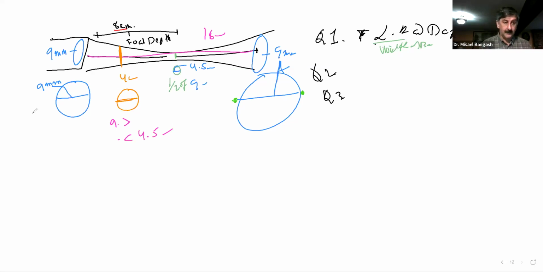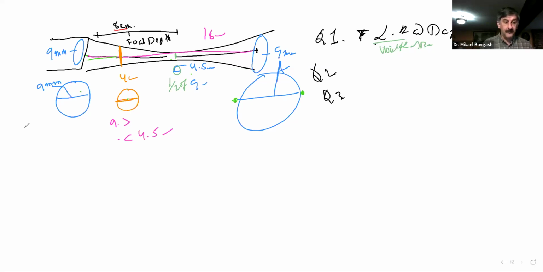Because what had happened? From here to here, the beam had converged from 9 millimeters to a smaller diameter, and from here to here, it will still converge or narrow further, to a diameter of 4.5 millimeters.